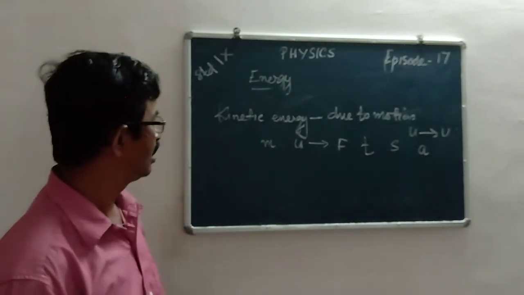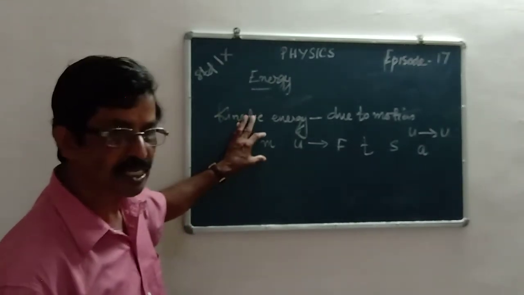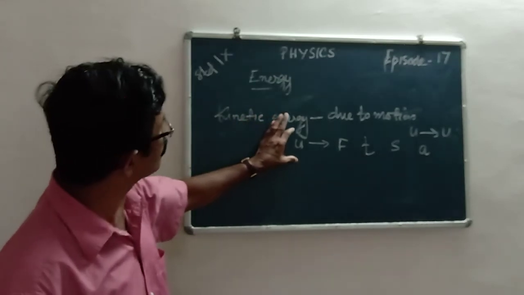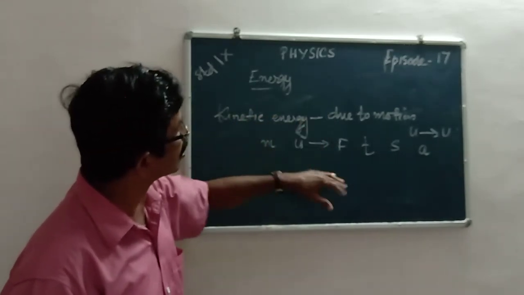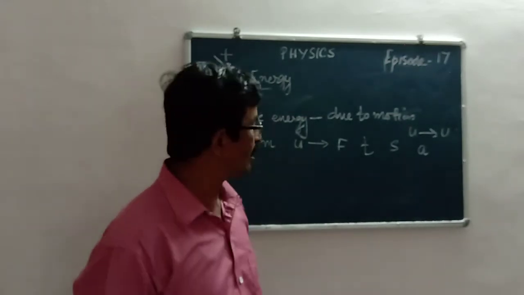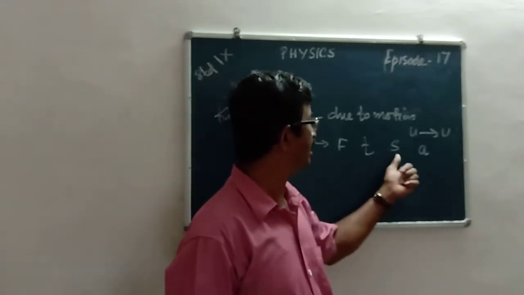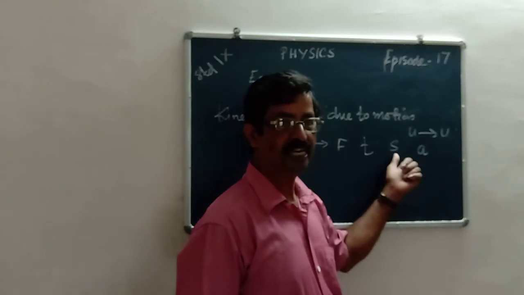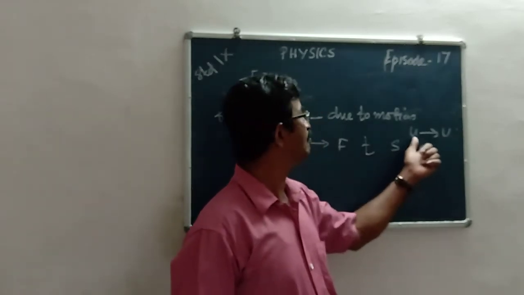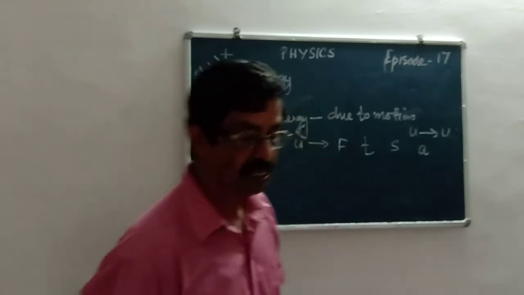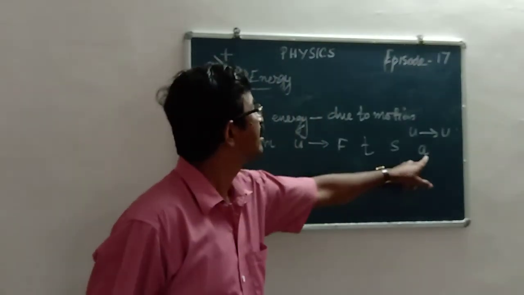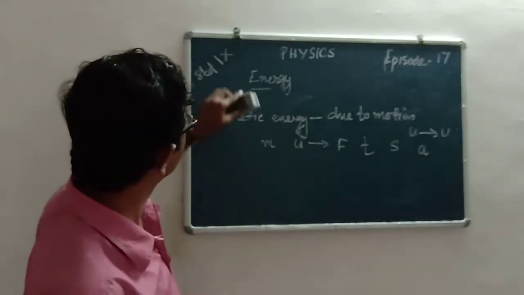Once again, consider a body of mass m. Its initial velocity is u. A constant force F acts on it for a time t, and it produces a displacement S, and then the velocity u changes to v, and the acceleration produced, a, is uniform.